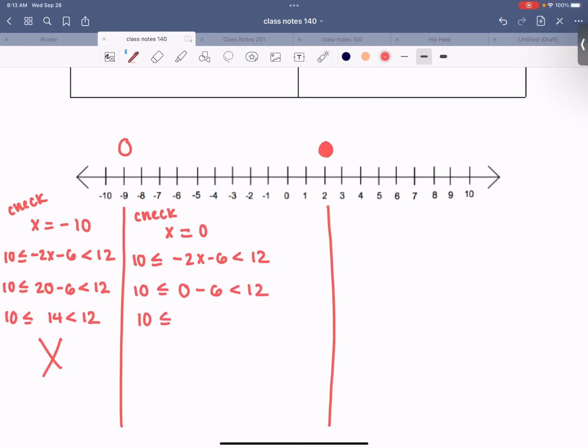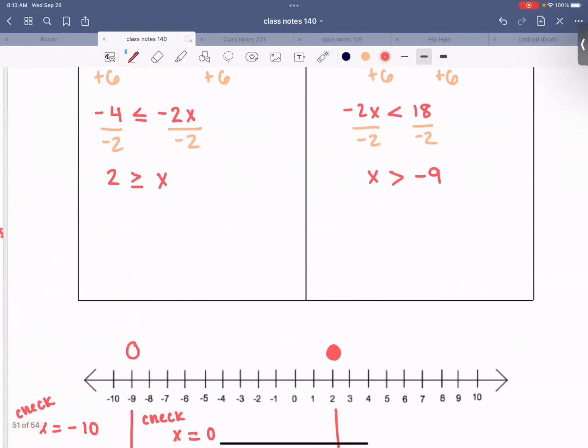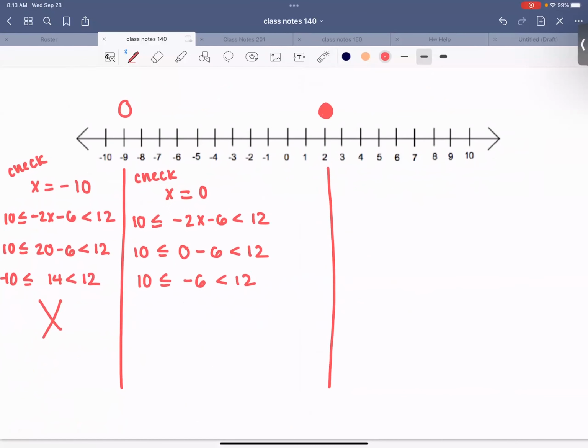Negative 10 is less than negative 6 is less than 12. Does that work? Oh my gosh, wait. Oh, it's negative. I didn't put that in my last one either, did I? Thanks. I was like, this is supposed to work. Does it work now? Yes. So if it works, I can put an arrow in that area. So I can connect those two dots.